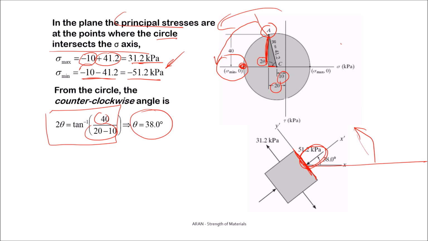So when you move another 90 on the element, you reach this point. This is the maximum principal stress in the plane. So that value is, as you see, 31.